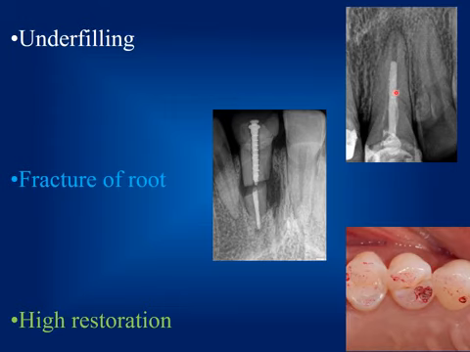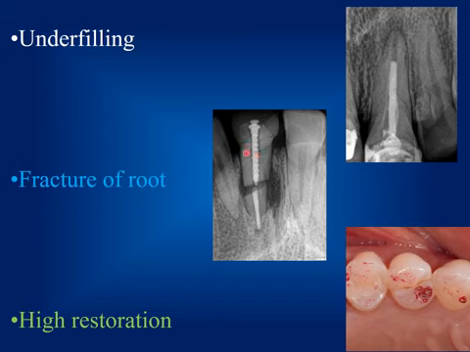Underfilling of the root canal, leaving space here in the apical region, will make infection because there will be an intrusion of remnants of bacteria and the exudate in this space, and there will be a multiplication of bacteria causing reinfection, therefore pain.